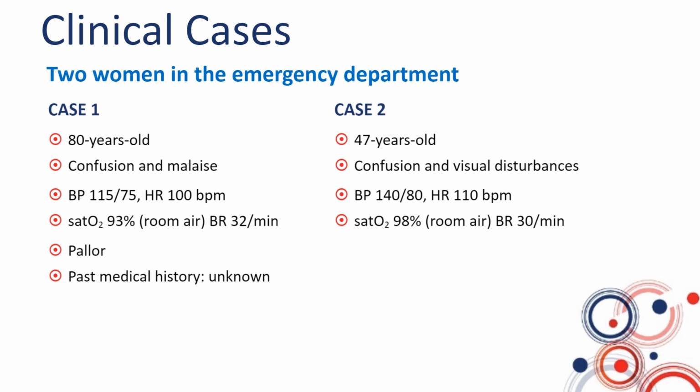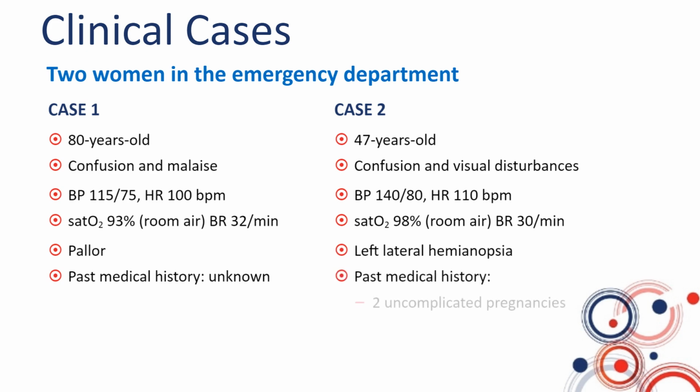This patient is coming with a neurological alteration and left lateral hemianopsia, and the past medical history of this patient shows 2 uncomplicated pregnancies and obesity. What do you do and how are you going to analyze the patient?